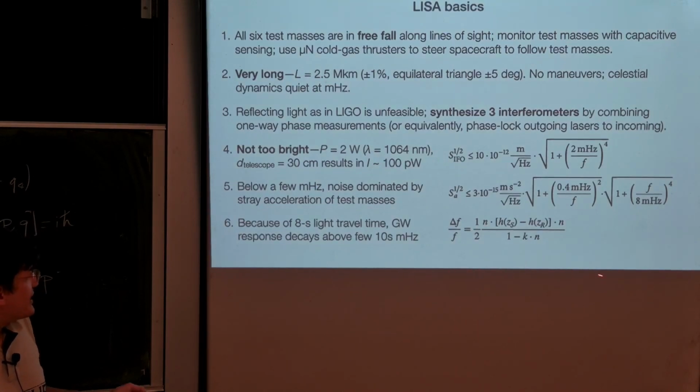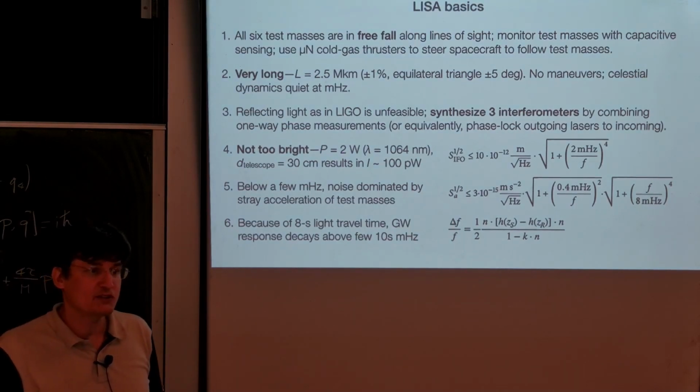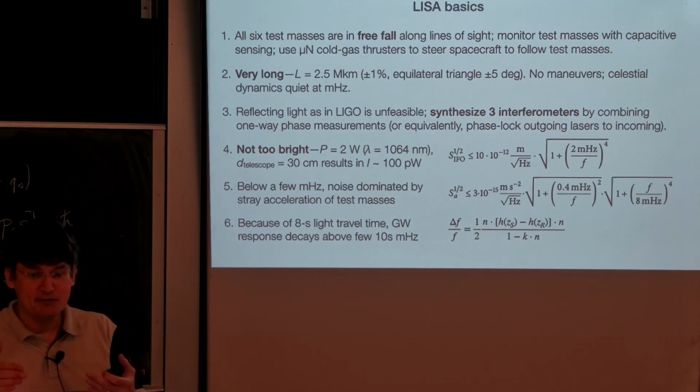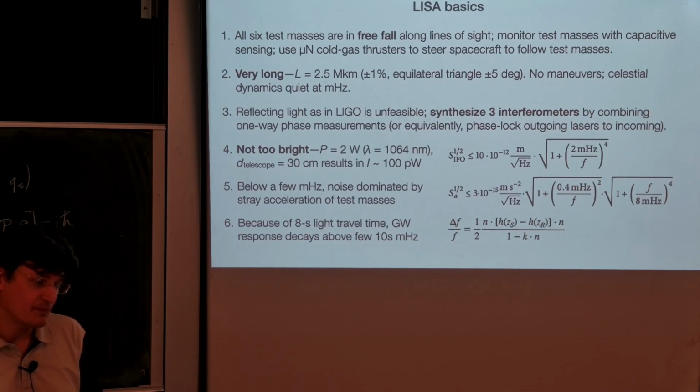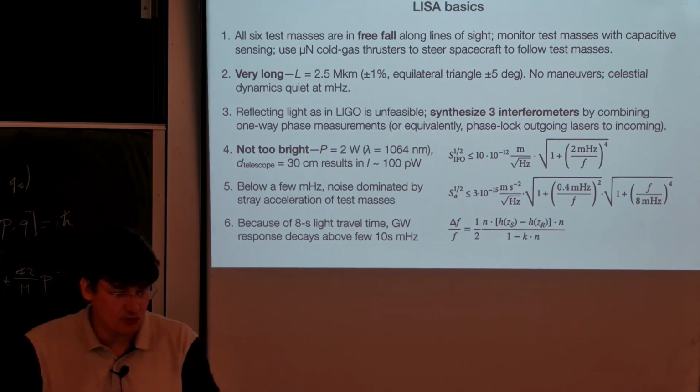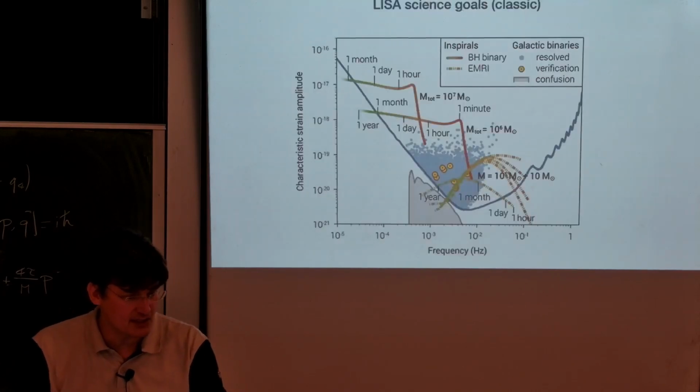And also, as with LIGO, if your frequency gets high, above a few tens of millihertz, you're going to have a different wavefront that hits the three spacecraft in the interferometer. So you're going to lose some of the signal because you're sensing different points in the wavefront themselves. So that also reduces sensitivity at the high end.